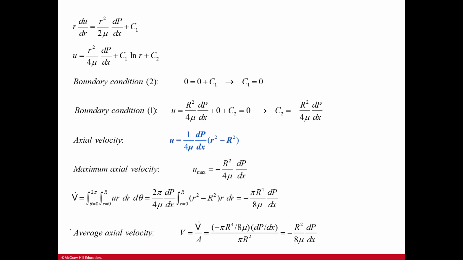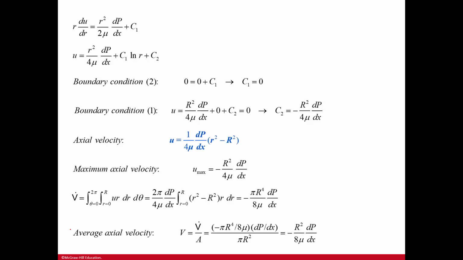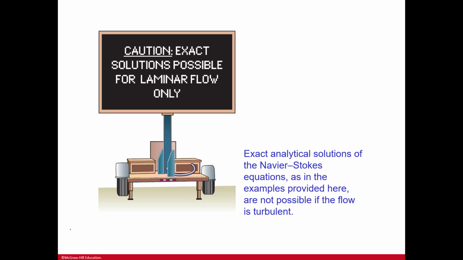Continuing on through the boundary conditions, through the axial velocities, working all of those, which we will do. So not spending too much time in here, but it is nice to have these as a backup to just see how the formulas are flowing through. The viscous shear stress at the pipe wall, the viscous shear stress, of course, per unit area acting on the wall.